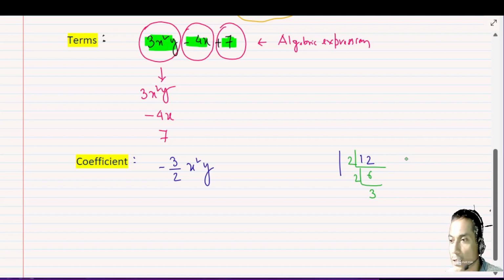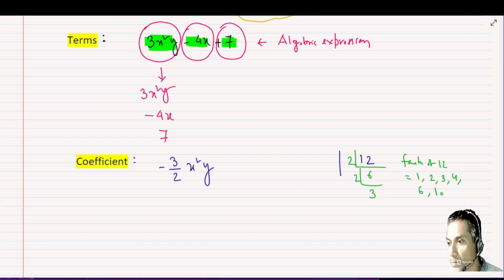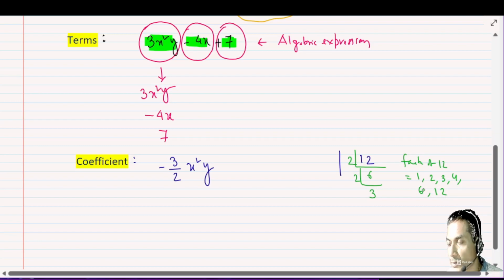So factors of 12 are 1, 2, 3, 4, 6 and 12. Clear? These are the factors.